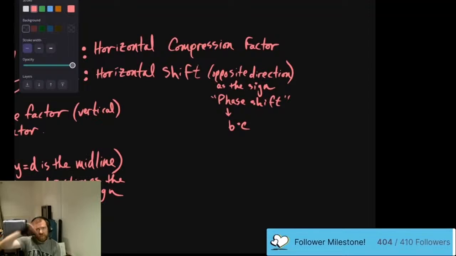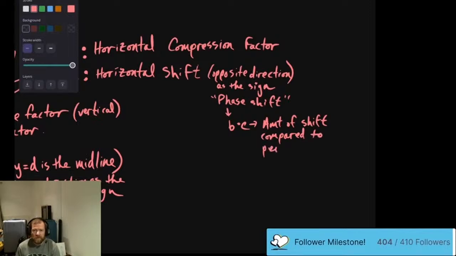So if you were to distribute the b into both the x and the c terms, this would tell you the amount of shift compared to the period, which is really distracting, and I don't like using it. So most of the time I just go with, okay, look, this is the horizontal shift, it's c. So if it says x minus 1, your horizontal shift is 1. That's it.